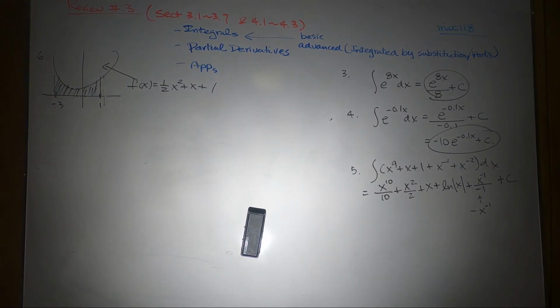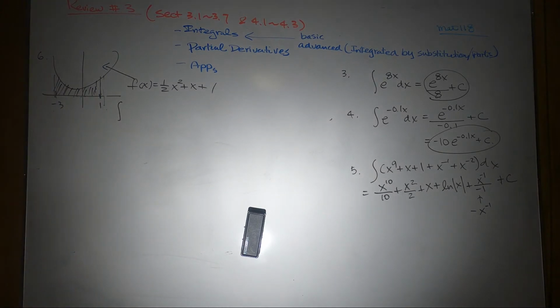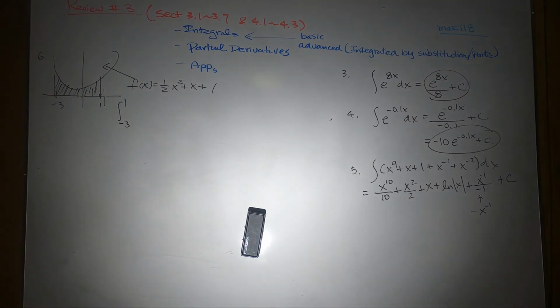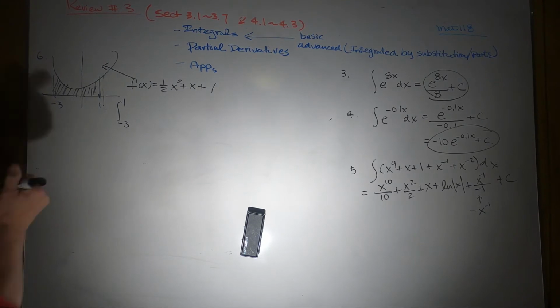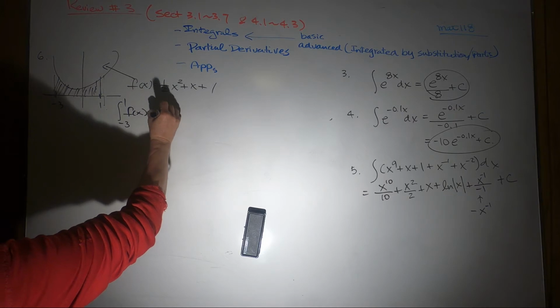And so we say area under the curve is the same thing as what? Definite integral from -3 to 1, if f of x is positive. Okay, so you just write f of x dx.